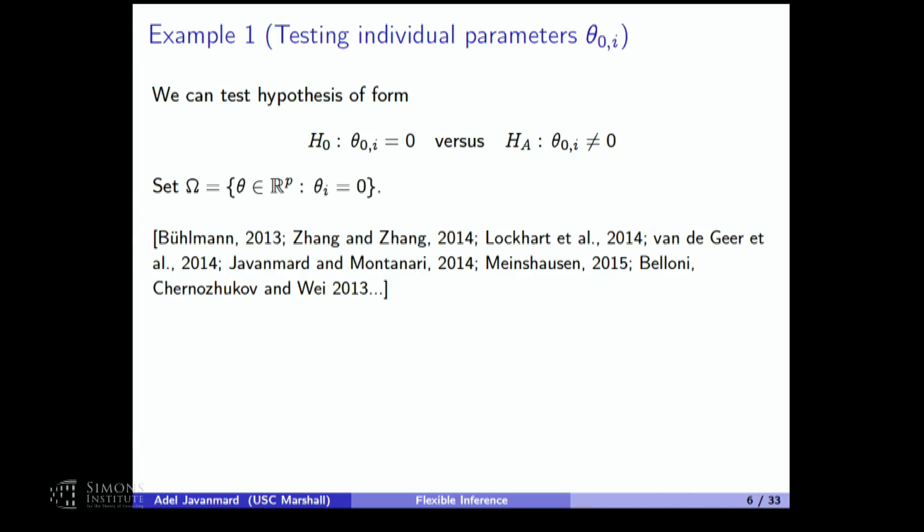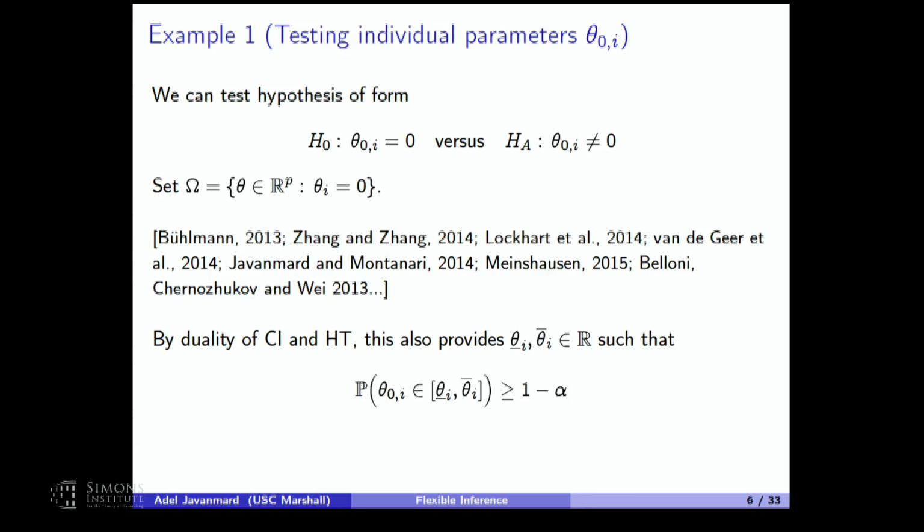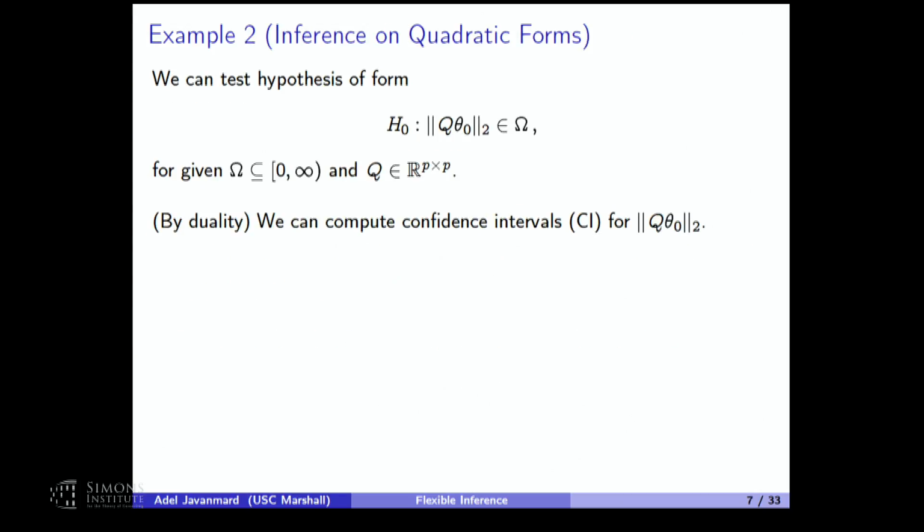In this case, you can take omega to be all the vectors in Rp that vanish on the ith coordinate. This has been among the problems that have been studied in the past couple of years. And using the duality of confidence intervals and hypothesis testing, if you use our framework, you can get valid confidence intervals for theta i.